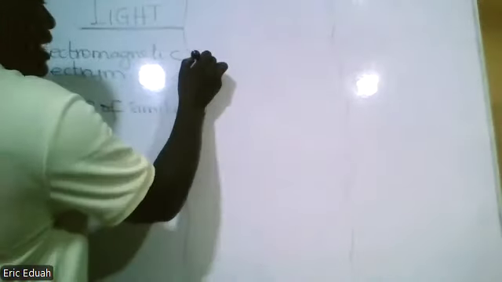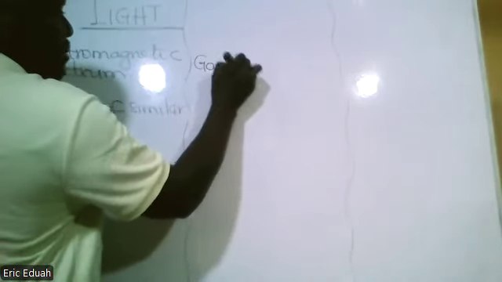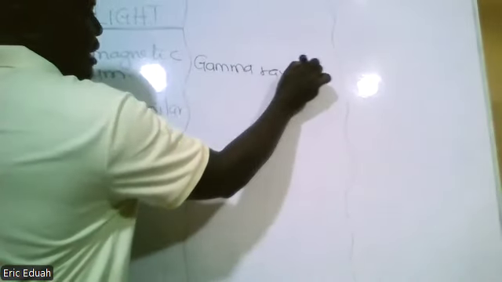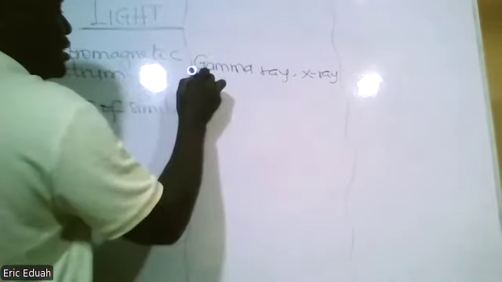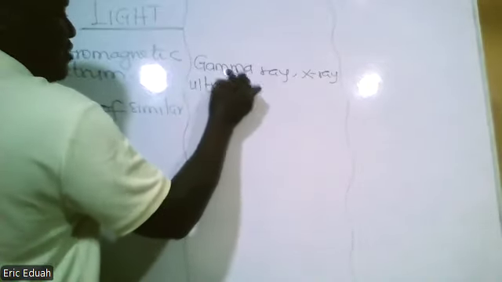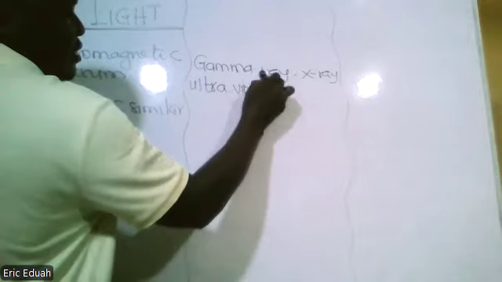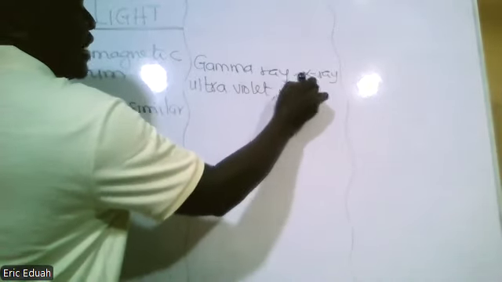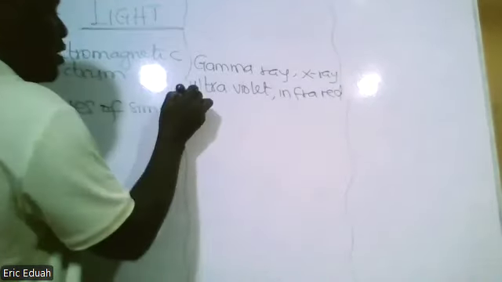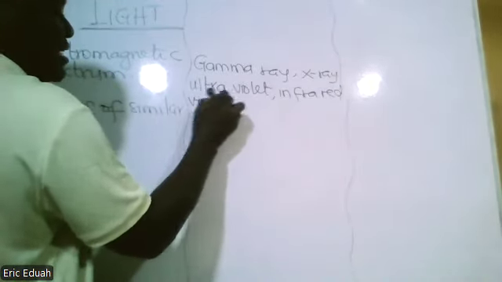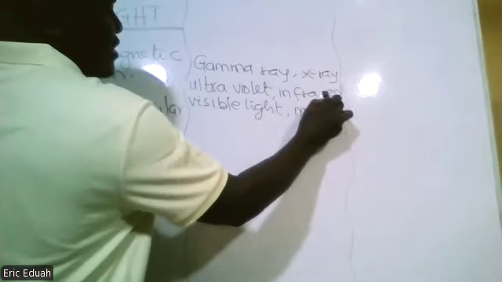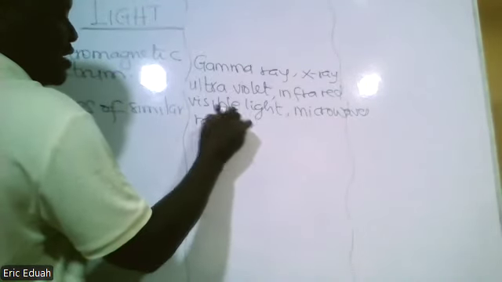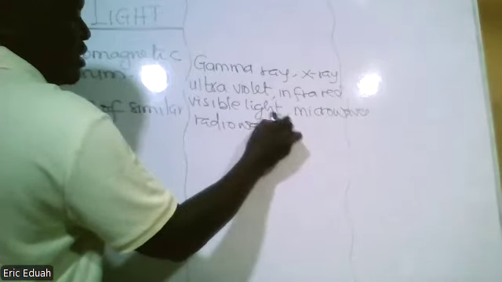We can talk about gamma ray, X-ray, ultraviolet, infrared, what we are talking about, visible light, microwaves, radio waves, TV signal.